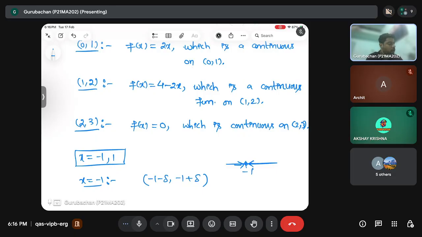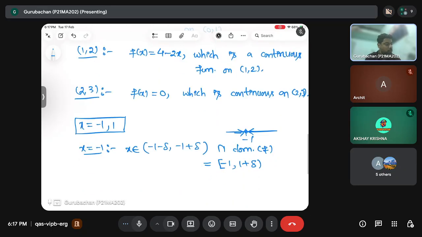But in case of continuity, this should be intersected with the domain of f. What will be the intersection? From where will it start then? Minus 1 to 1 plus delta. Yes, sir. So x must be from this domain.